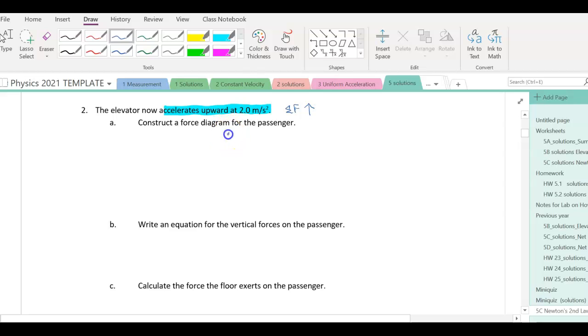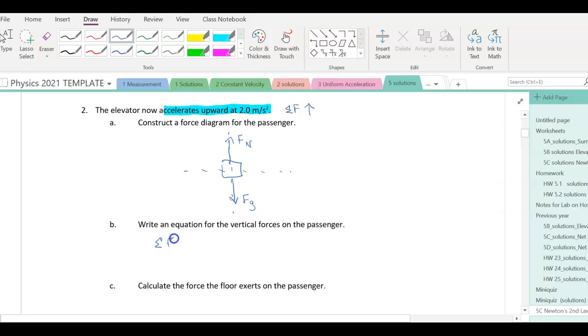So it is the same force diagram, with the gravitational force pulling the man down and the normal force pulling the man up. In this case, they are not equal, and so it says write an equation for the vertical forces.